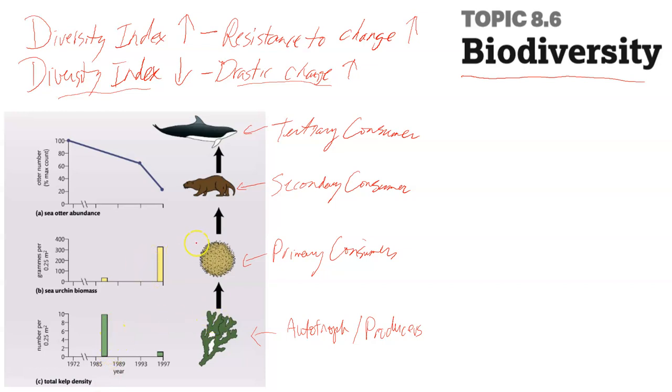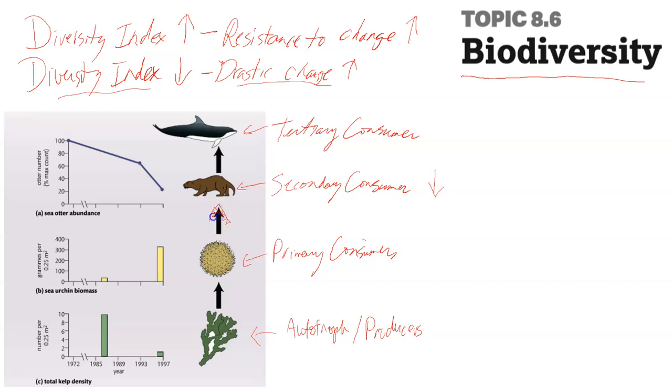They correspond with each of these levels here. So let's take a look. If you want to look at it from the top, what's happening to the sea otter population over time? This graph on the bottom is time. You're going to notice that the sea otter population here is going down. So how does that affect these lower levels?